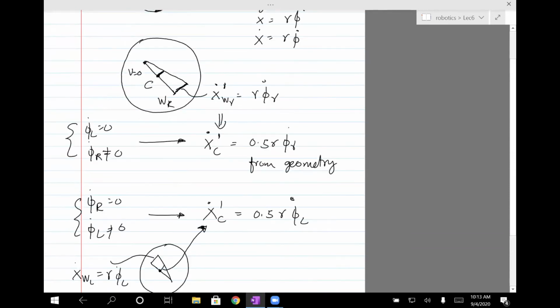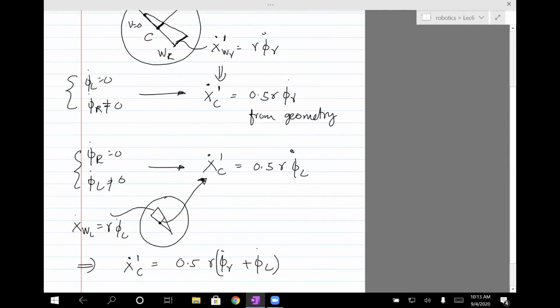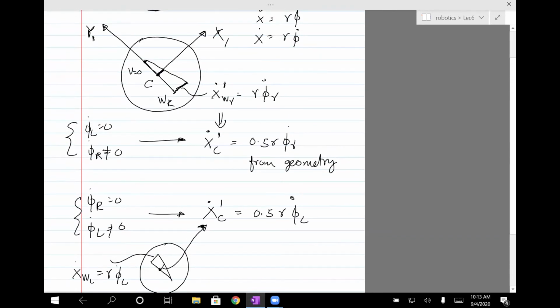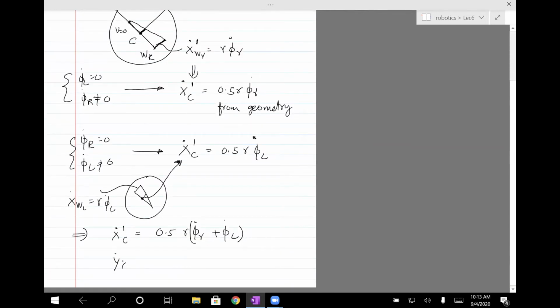Frame 1 is this one, and the y direction is exactly at right angles to x1.